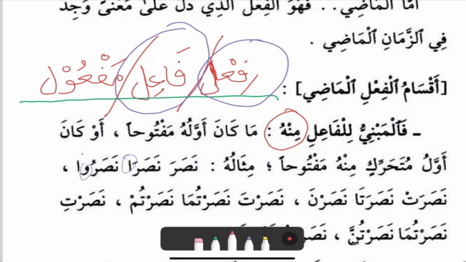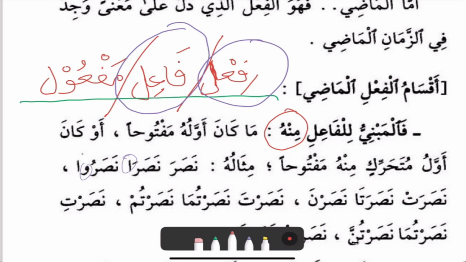Or the first voweled letter of it is given a fatha. This past tense verb, configured for the doer, its first letter is going to have a fatha, or the first voweled letter in it will have a fatha.